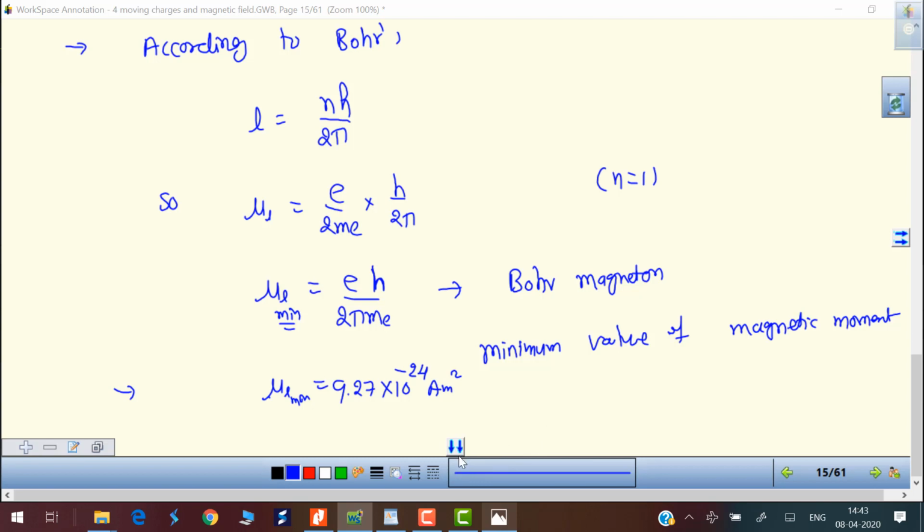If we study the magnetic property of iron, one has to consider the spin motion of the electron also. Then only can you explain the magnetic property of iron. If you consider only orbital motion, you cannot explain it. So this is the Bohr magneton, the magnetic moment due to the motion of the electron around the nucleus.